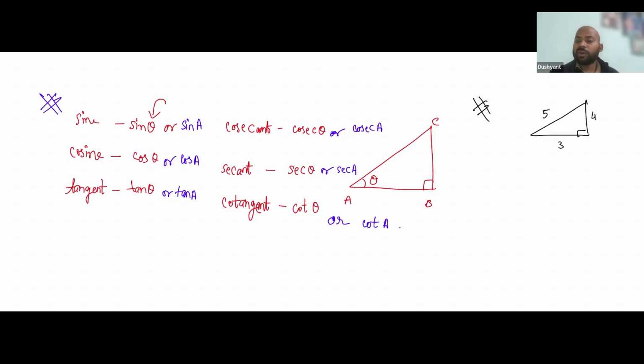The angle that I am going to take is A. This is my B, and this is my C. So I need sin A, cos A, tan A. Similarly, I need sin C, cos C, tan C. So let's try this.